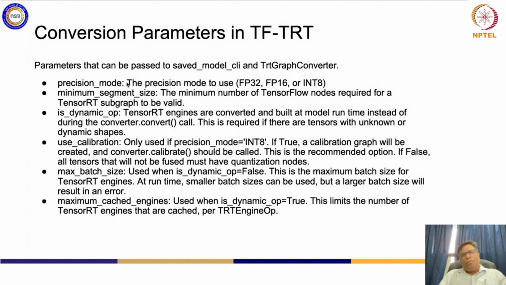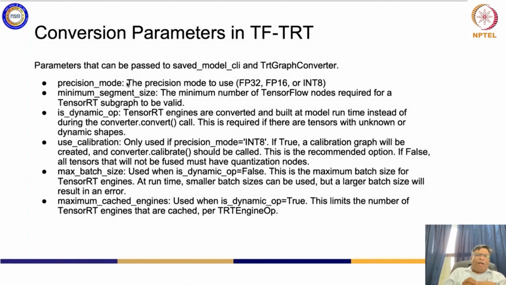Yesterday I told you that when you're converting from FP32 to FP16, it is done. But when you convert from FP32 or FP16 to something like int 8, right, there is a calibration required. So if the precision mode is int 8, the calibration is needed. So effectively a calibration graph will be created. Okay, so this is what it means.